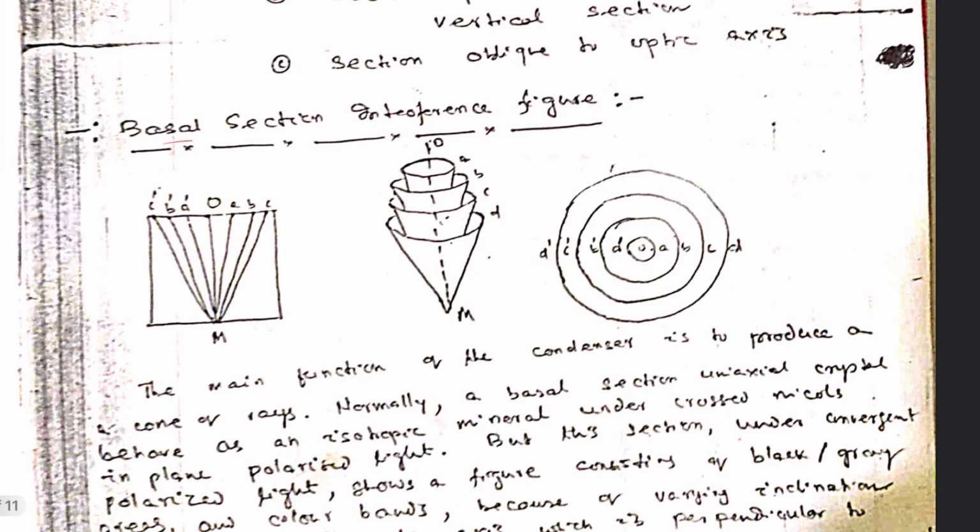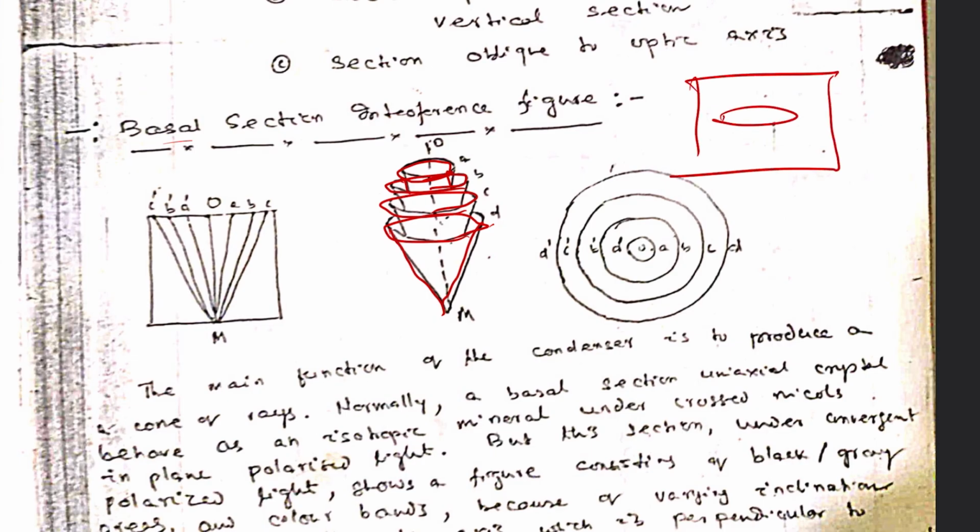Let us see, in convergent polarized light, the light rays are produced in this manner. These are the cones of light rays, and these cones hit the mineral section on the stage.